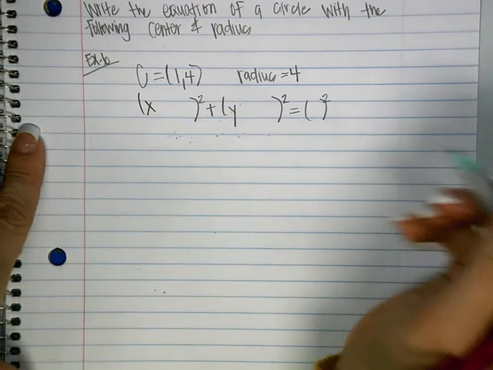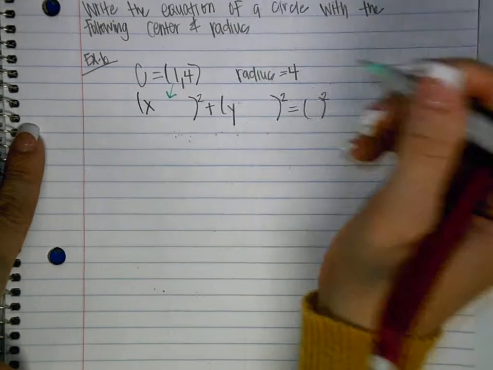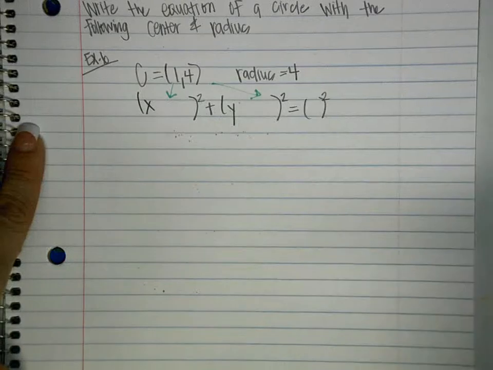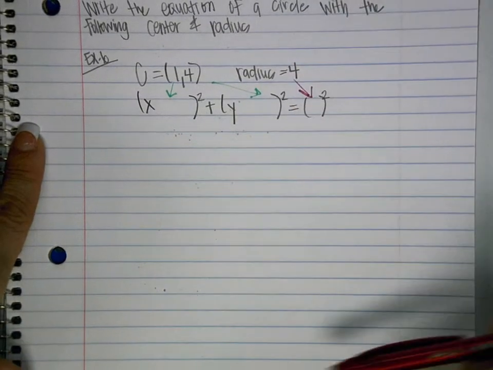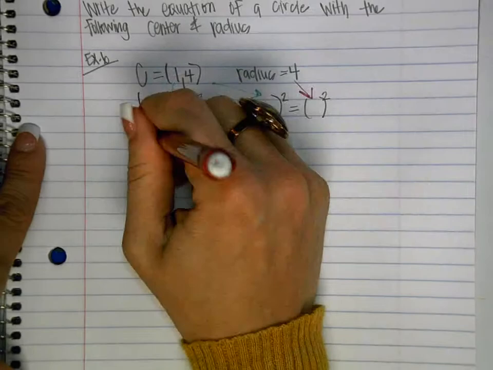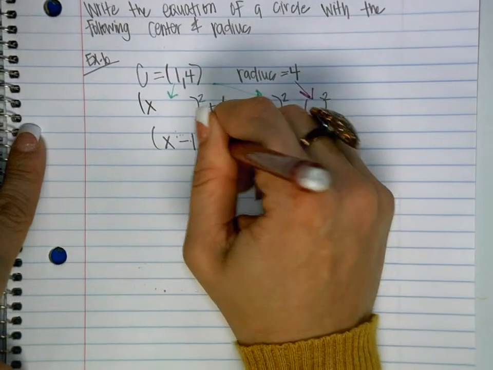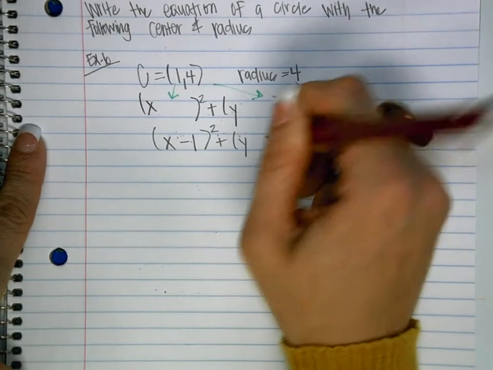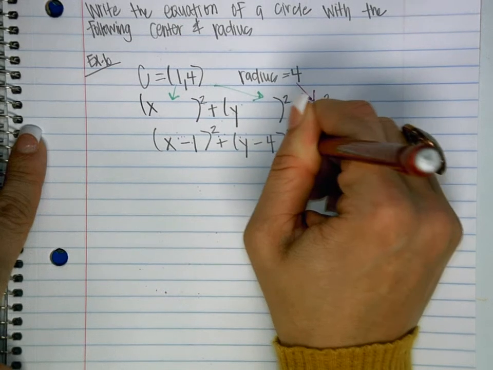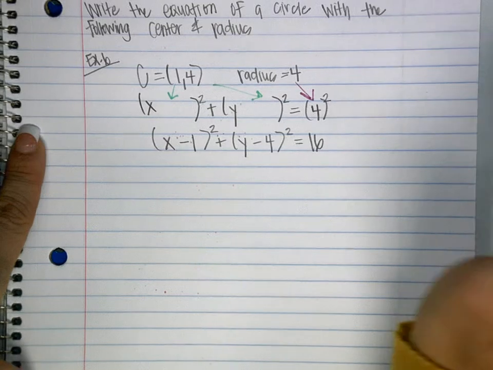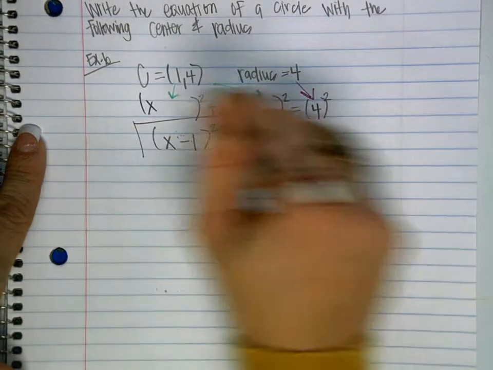The center is going to get plugged in: first part goes with x, second part goes with y, and the radius needs to be squared. So if I rewrite this, what is my actual equation? X minus 1 squared plus y minus 4 squared equals, really this is 4 squared, so 16. That's the equation of the circle.